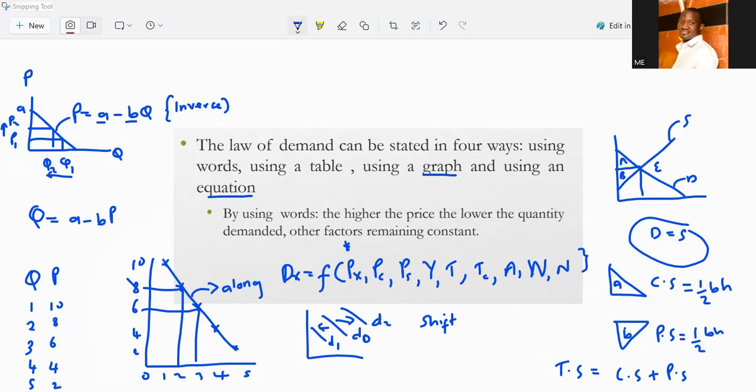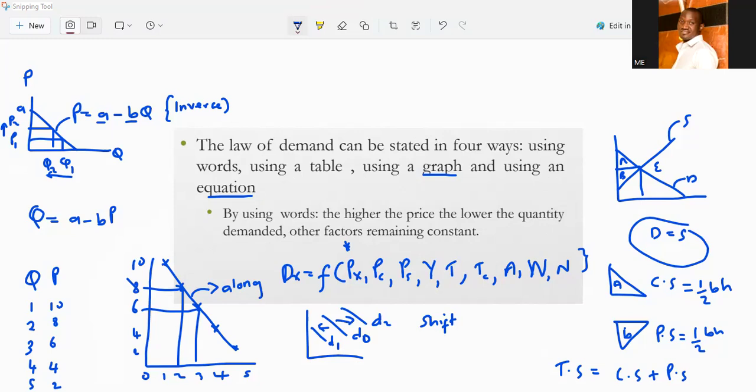It's given by the area half BH. The producer surplus is the difference between the price that the producers will receive for a good and the minimum price that they are willing to accept to produce it. So it reflects the benefits that the producers get from selling at a market price higher than their minimum acceptable price. So the consumer and producer surplus have the same formula.